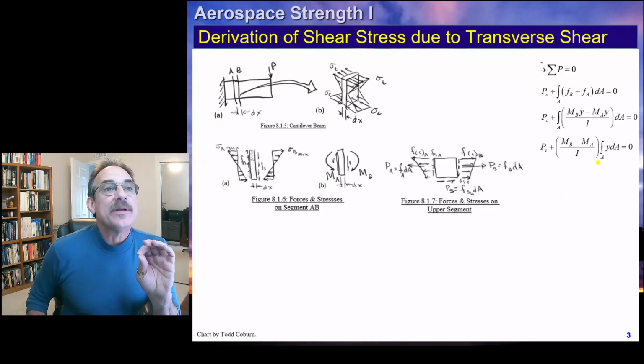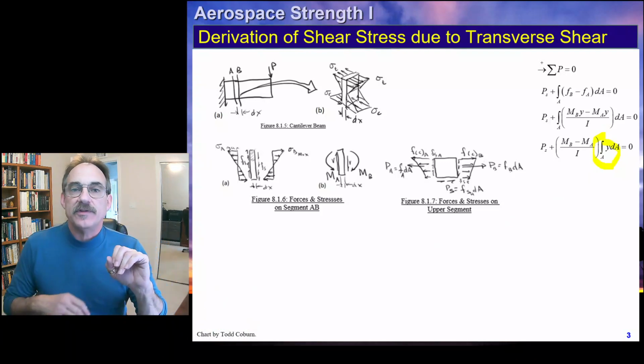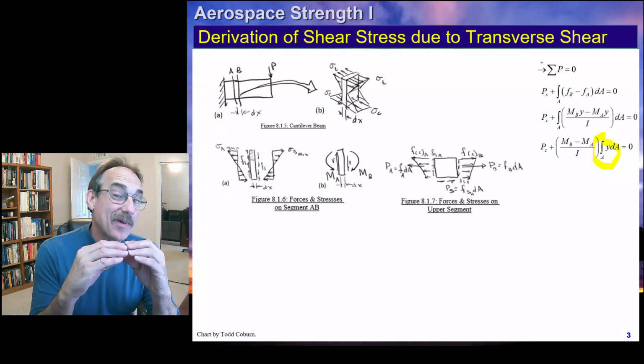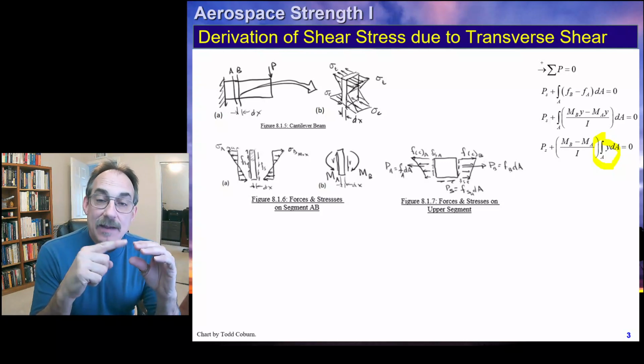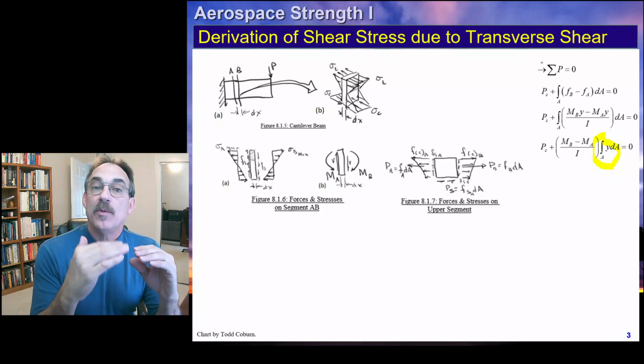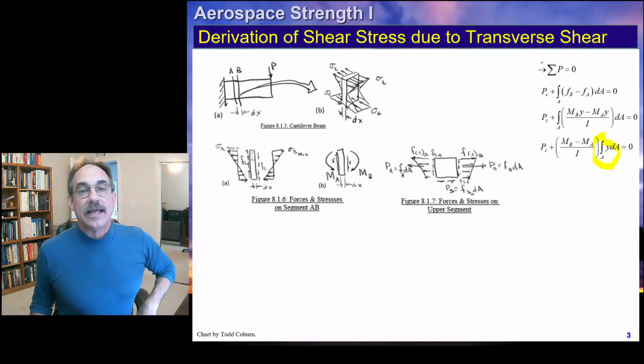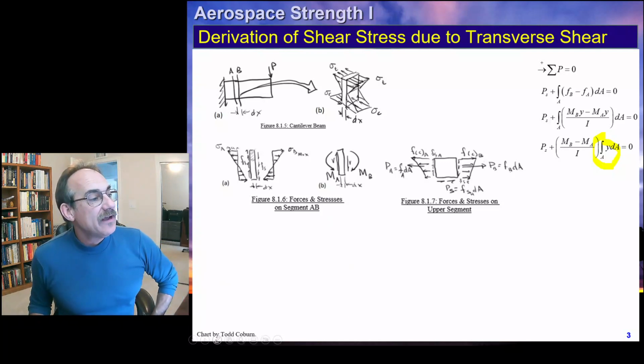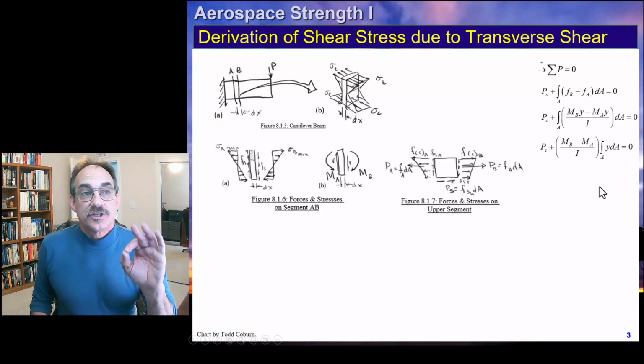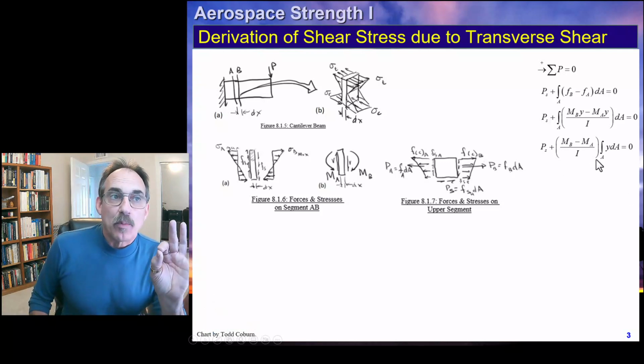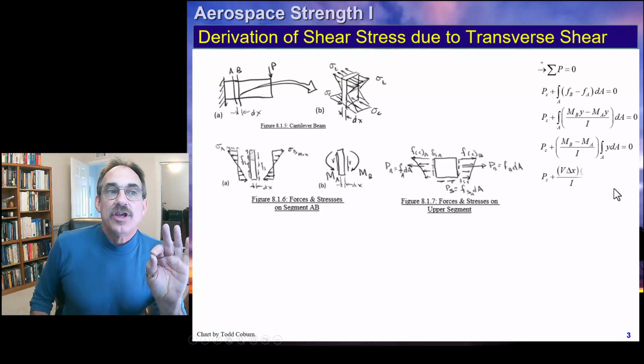Now when we look at that, we say, oh, wait a minute, this quantity here is just the first moment of the area. Remember, it's our Q, capital Q. It's just the area times the Y minus Y bar, the same one that we use to find the centroid when we calculate our section properties. That's all that is. So we can just replace that with Q.